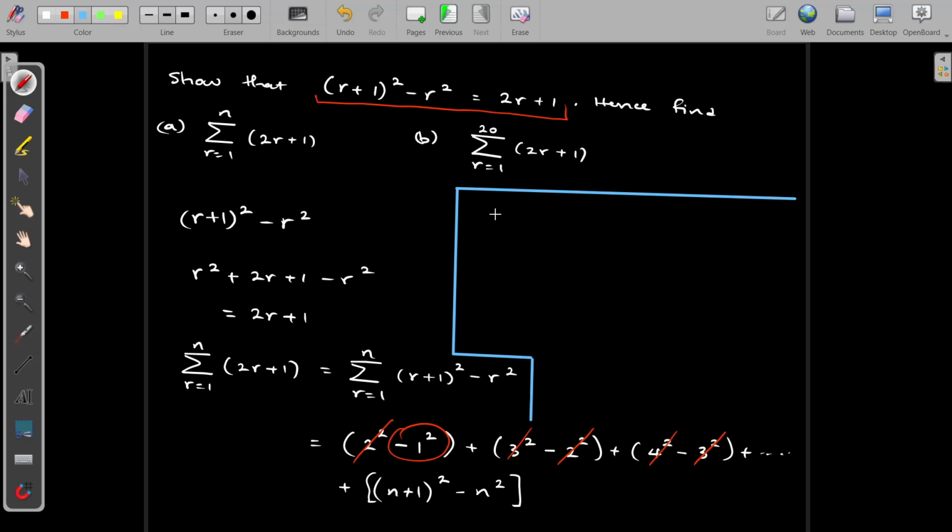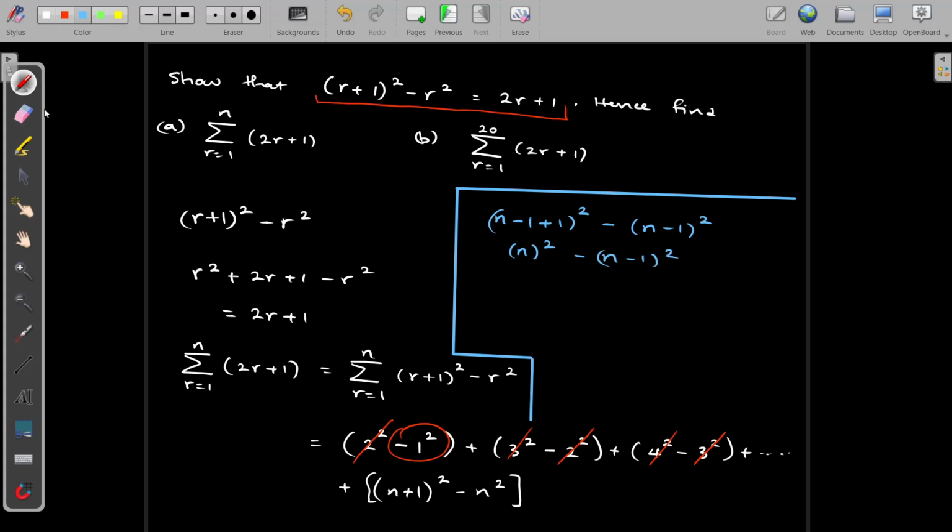So we're substituting the r over here with n minus 1. So this is going to give us n minus 1 plus 1 all squared minus n minus 1 all squared. So this is just n squared minus n minus 1 all squared.